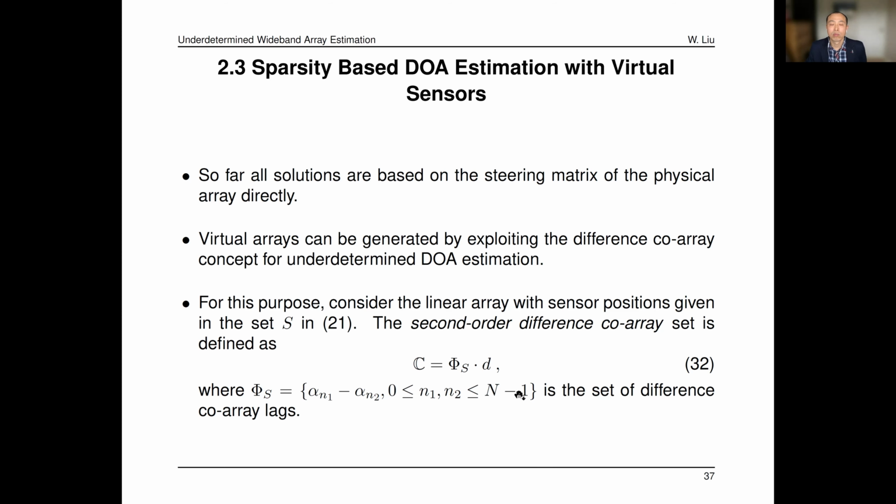So you find the differences between alpha 0 and alpha 1, alpha 0 and alpha 2, alpha 0 and alpha 3, alpha 1 and alpha 2, alpha 1 and alpha 3, and so on. Find all the differences, and that gives you the second order difference coarray set.